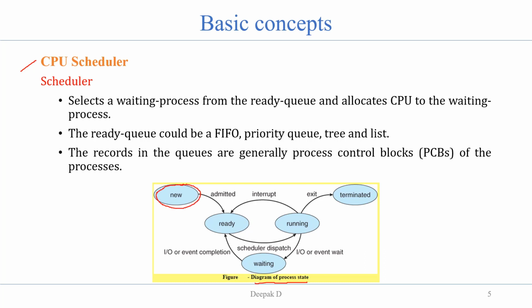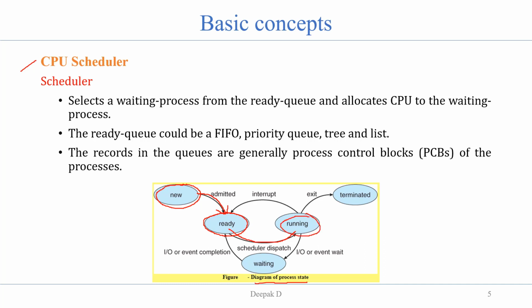If it needs some execution or tasks to be completed, it is sent to the ready queue, where the process is waiting and ready for its execution. Whenever the CPU is free, the process is taken from the ready queue and given the CPU, and that process is then in the running state.